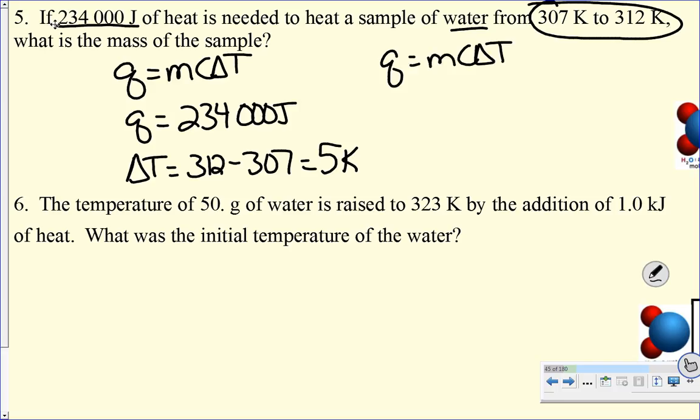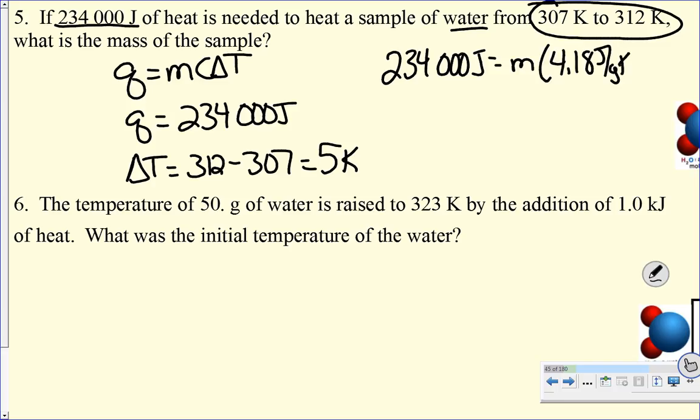So we're going to plug into our Q equals mc delta T equation. 234,000 joules. Our M is what we're solving for, 4.18 joules per gram Kelvin, and our change in temperature is 5 Kelvin.